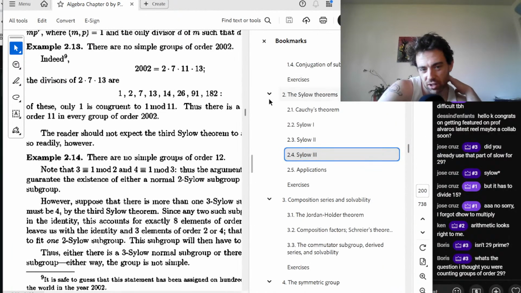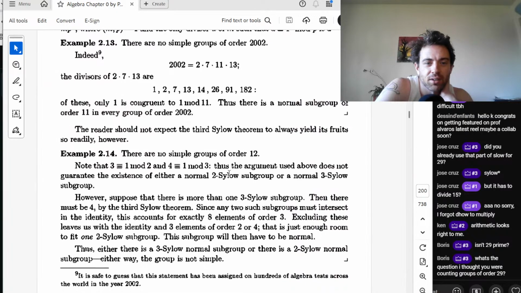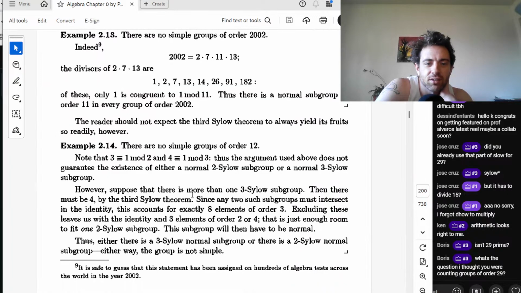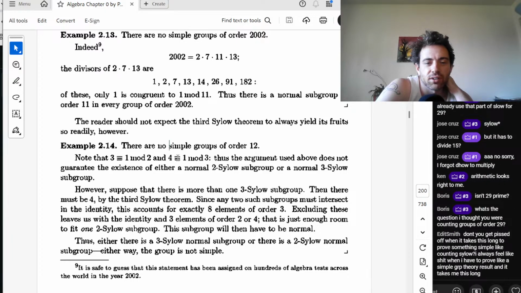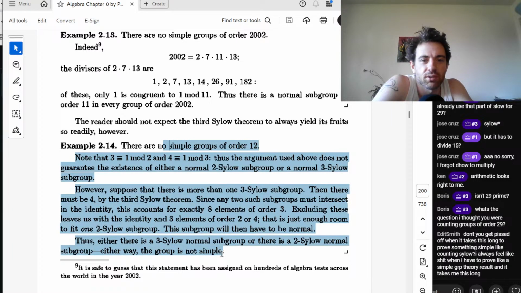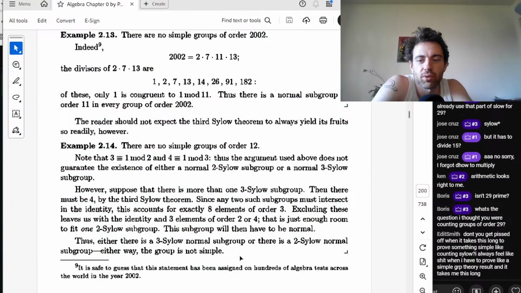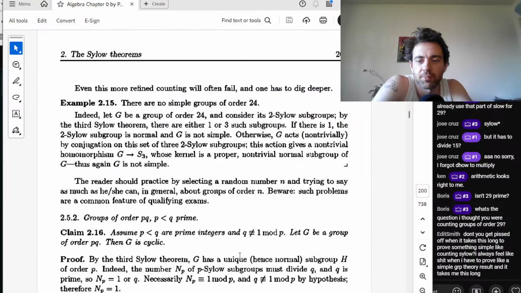I did some complex analysis bedtime reading, did some group theory bedtime reading. Oh, right. That's because I see. That's because he's just showing there's a normal subgroup.